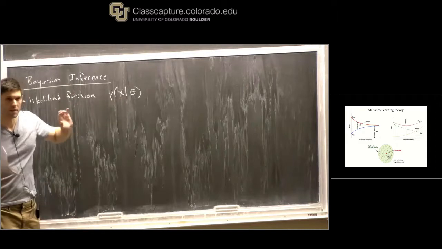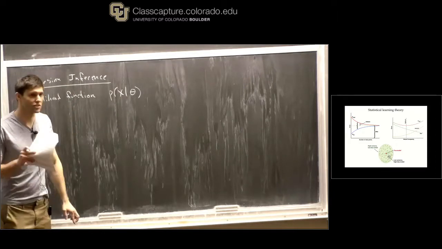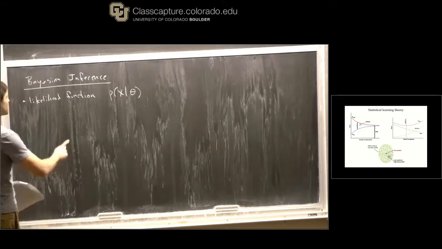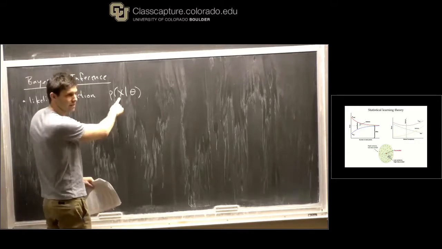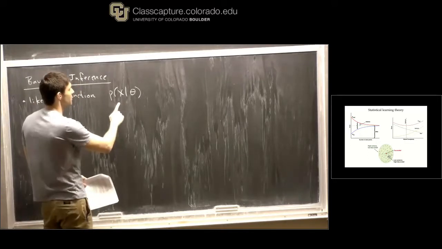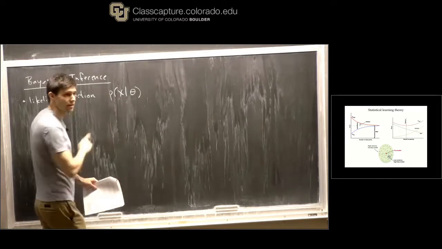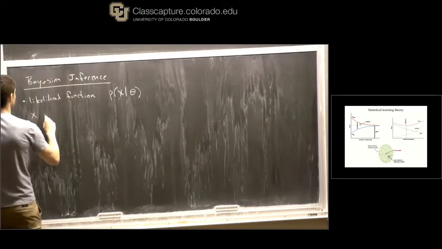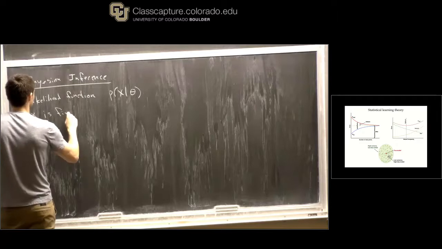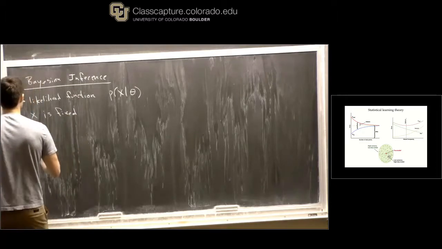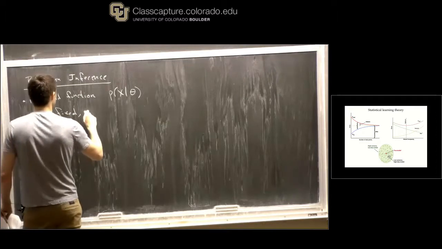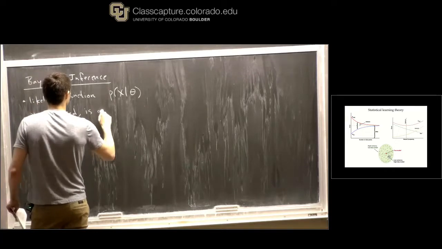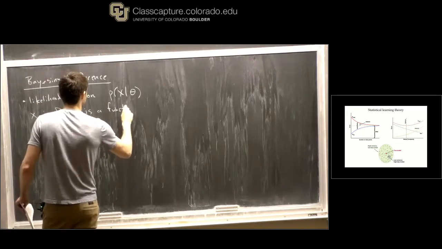Now, an important subtlety, which is not just semantics, is that this is not a probability distribution in the sense that it's not a function of x, it's a function of theta. So it assumes that x is fixed, and it's a function instead of the parameters.